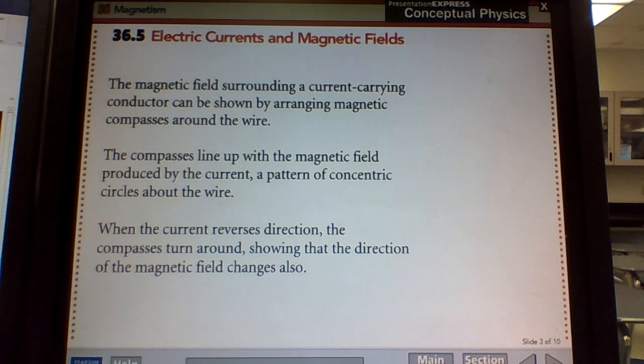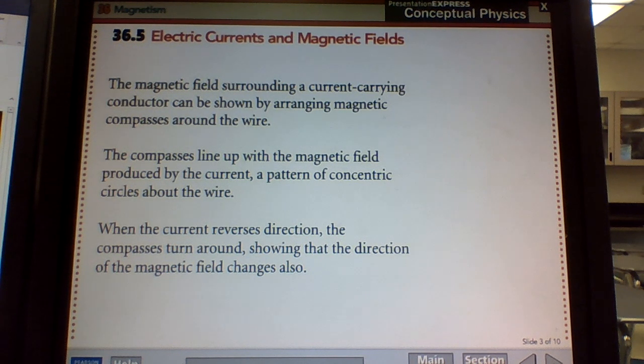Now, the magnetic field that surrounds a current-carrying wire can be shown by arranging magnetic compasses around the wire, much like we just did with the compasses around the magnet. If we put the compasses around the wire, we will see that they change their direction in different positions around the wire.